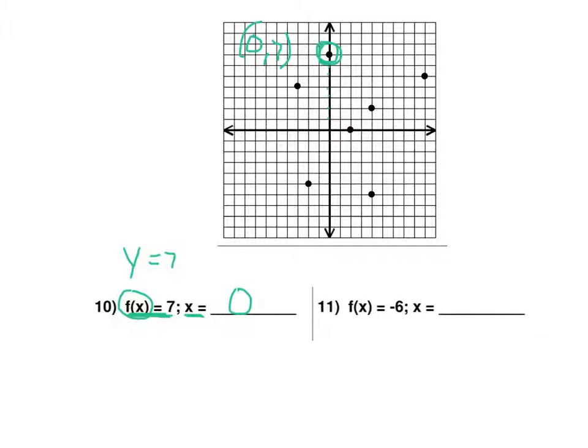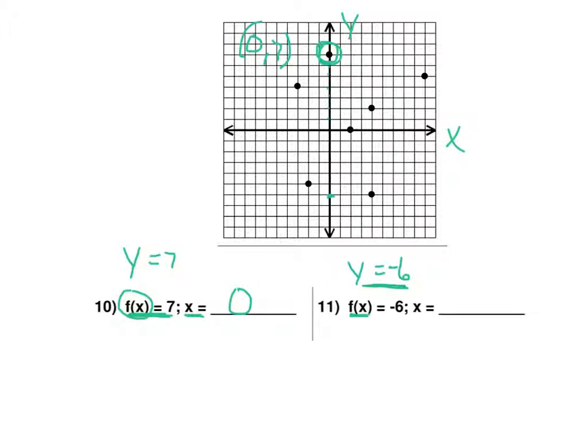All right, let's do another one like that. Remember, you can replace the f of x with y. So if y is equal to negative 6, let's go look and see where y is negative 6. So y is negative 6 down below. Remember, that's y. This is your y-axis. This is your x-axis. So where y is negative 6 is going to be down here.